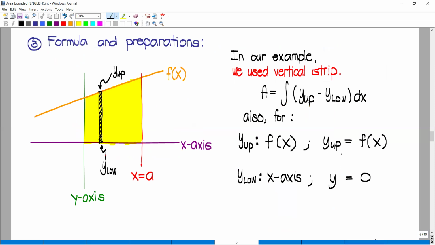And since y is already isolated, this letter y will become our y lower. So that later on we know what quantities will be substituted for y up and y low. Okay?